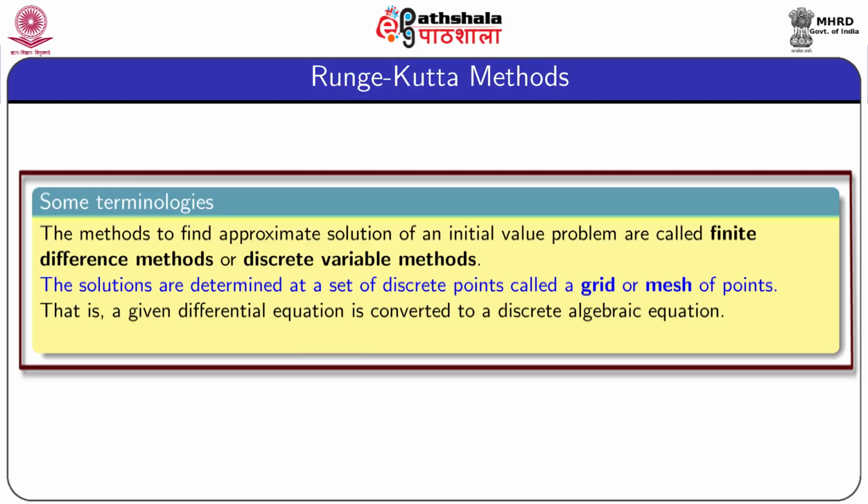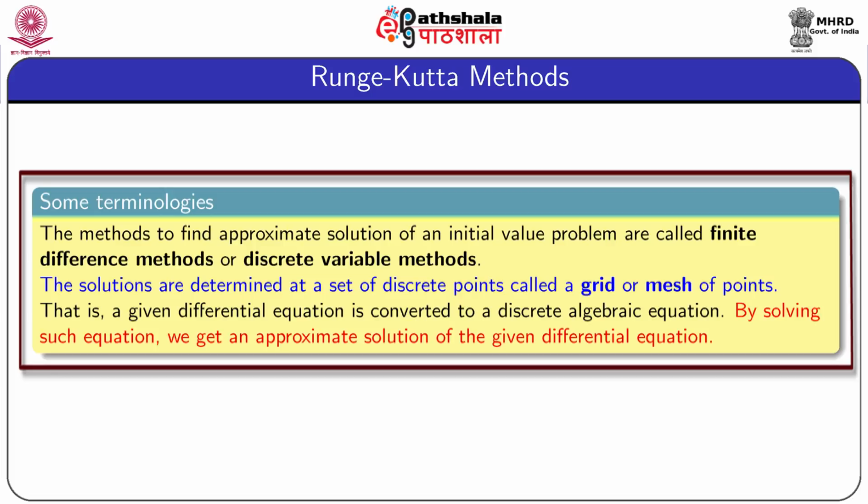That is, a given differential equation is converted to a discrete algebraic equation for the given grid or mesh points. By solving each equation, we get an approximate solution of the given differential equation. This is the main concept of numerical solution of ordinary differential equations as well as partial differential equations.